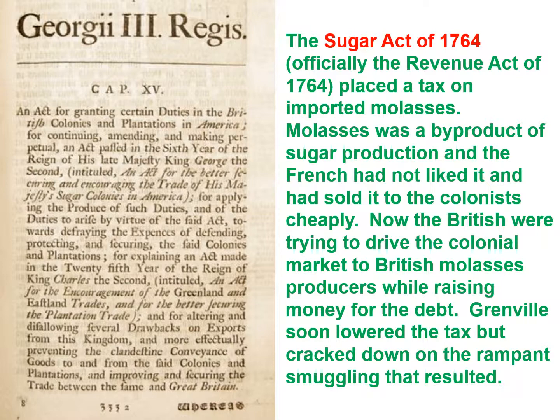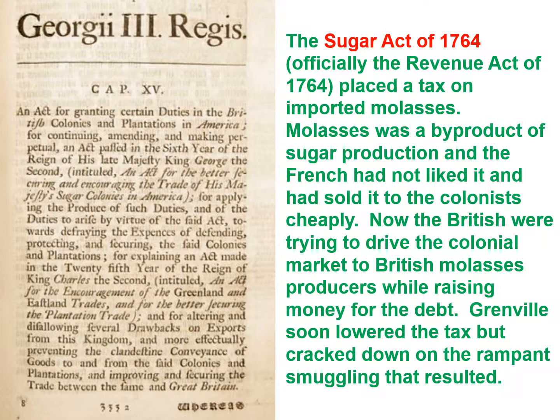I had said that the British had not taxed the colonies directly, but had regulated trade. Well, one of their regulations was a duty on imported molasses into the colonies, and that was kind of a direct taxation, but the Americans had largely avoided it because it was easy to smuggle in molasses.